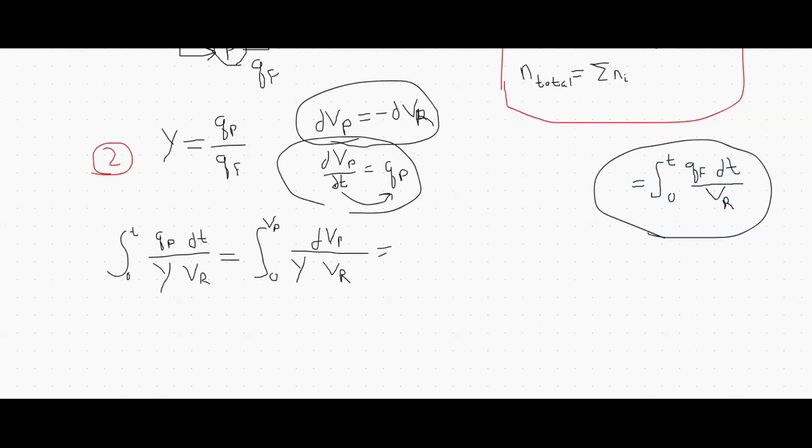So the conversion, a sneaky thing about this is we're assuming it's constant, so I'm going to pull that out of the integral. And then I'm going to write negative dVR over VR, and the bounds are going to be V naught to V.